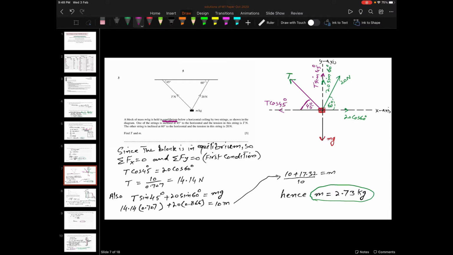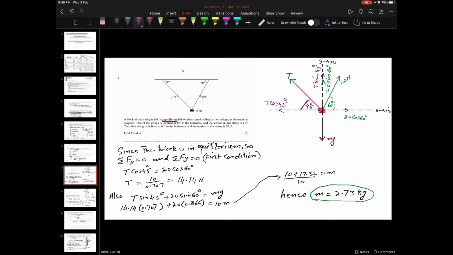According to this condition, T cos 45 degrees is equal to 20 cos 60 degrees, or T is equal to 10 upon 0.707, which is equal to 14.14 Newton. Here cos 45 degrees is equal to 0.707 and cos 60 degrees is equal to 0.5.